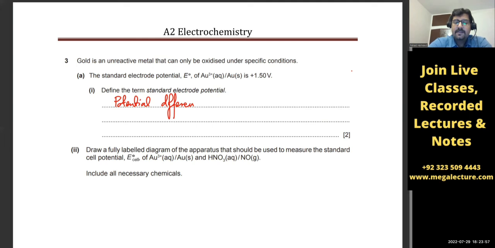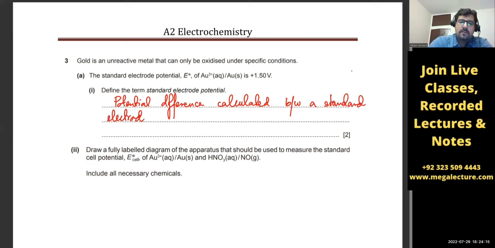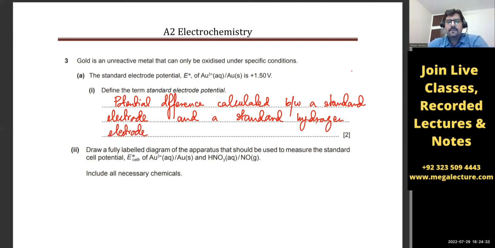So it's the potential difference calculated between a standard electrode and a standard hydrogen electrode. Okay, that's the first thing that we did.